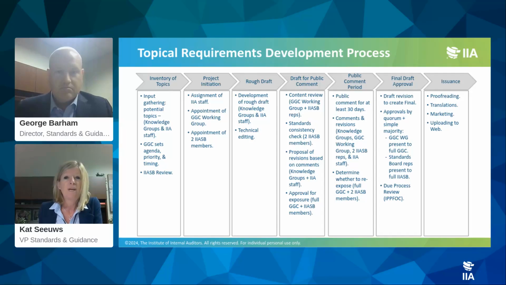The draft is always made available for at least 30 days, but the complexity of the topic may extend that period. And for our first draft on cybersecurity, you may have seen that we have currently opened that period for 90 days, because in that way, we want to make sure that everybody gets a fair opportunity to comment. It's important as well to comment on the technical aspects, as well as does the structure of topical requirements make sense to you?